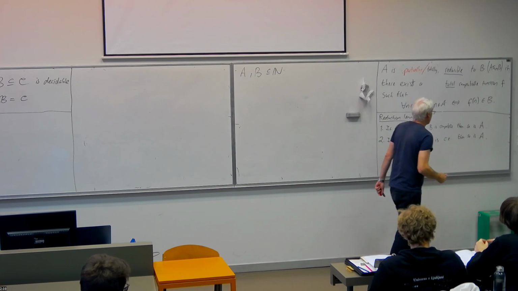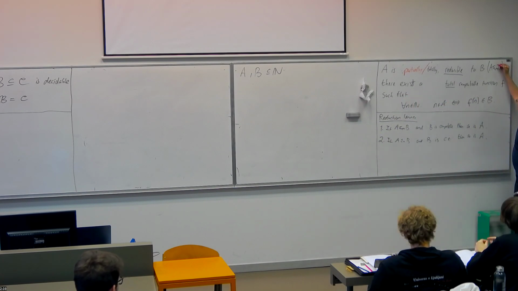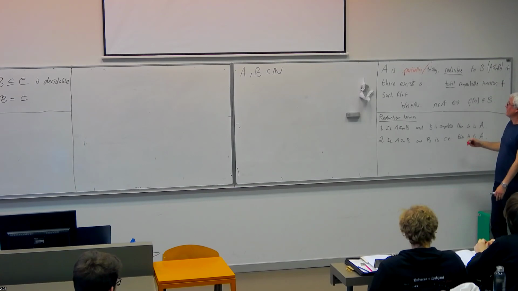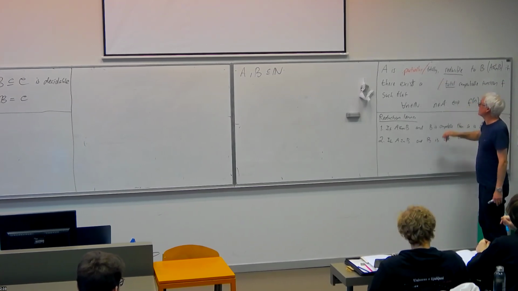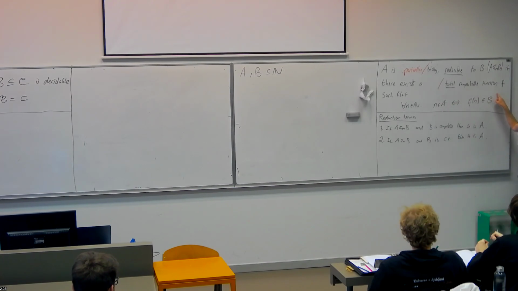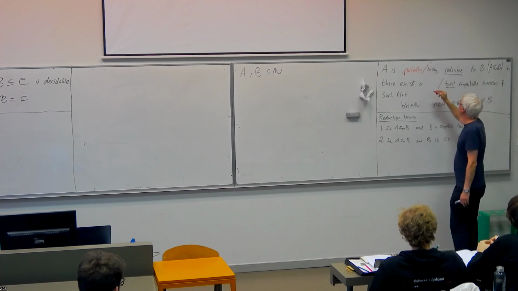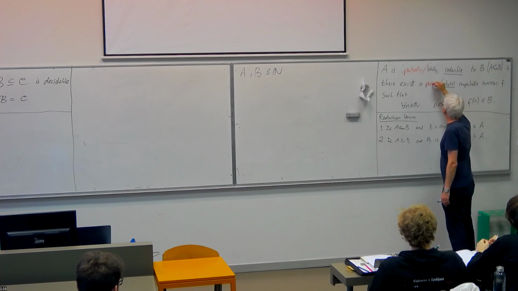In the case of partial, we put a little p superscript here to say that you're being partial. And you can probably imagine what the change in the definition is: you simply require this computable function to be partial, not total. So it's more general.